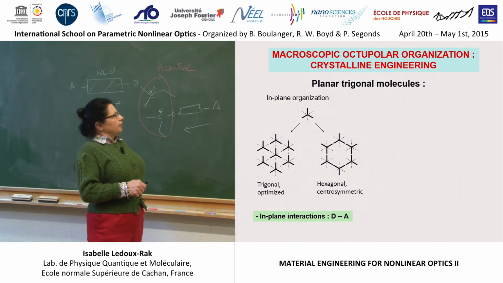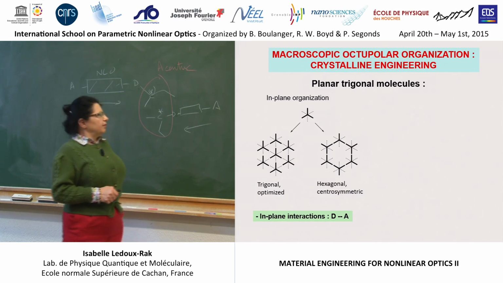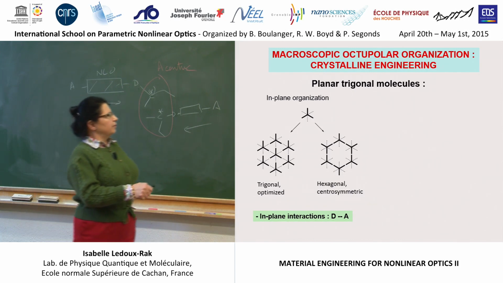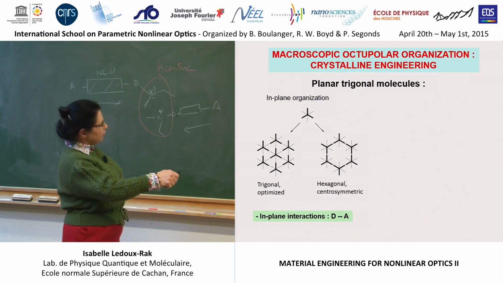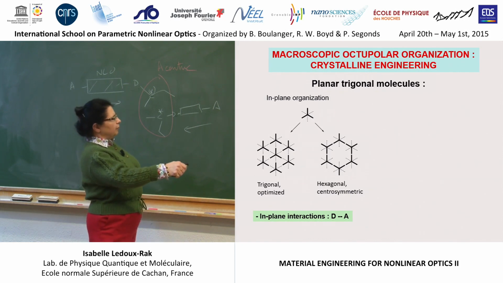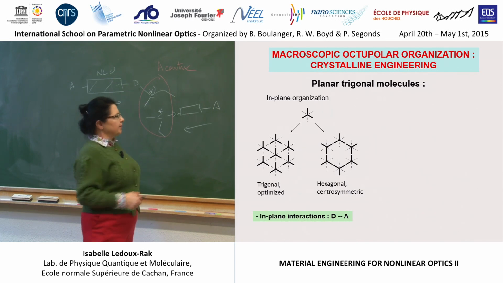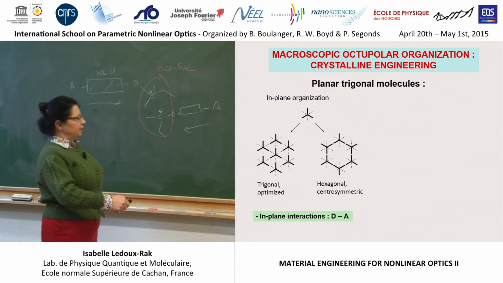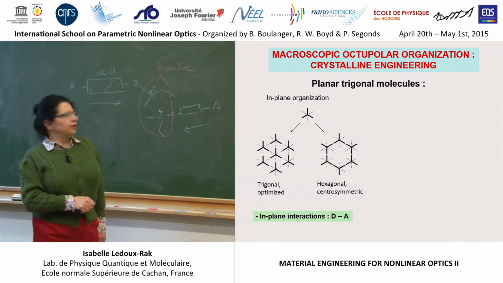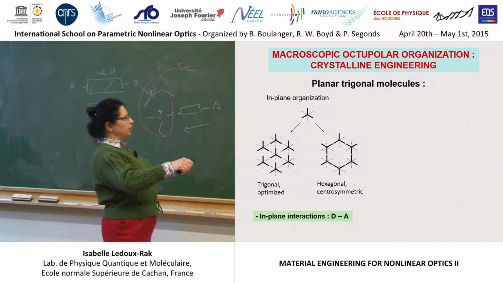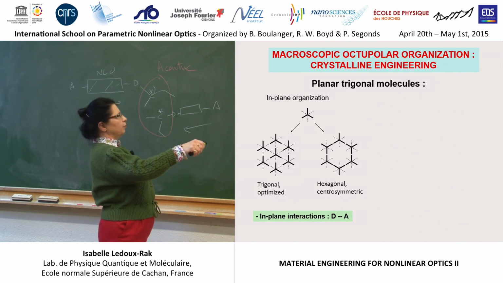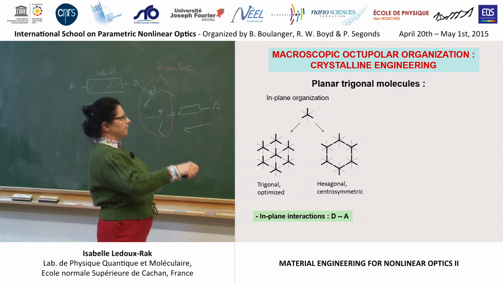Taking, for example, an in-plane organization, you may represent a planar octupolar molecule by three electron donor arms and three electron acceptor arms, like this. Then we can find very easily that in the plane, the optimized organization is trigonal, threefold symmetry, where there is some attraction between the donor group here and the acceptor group here.